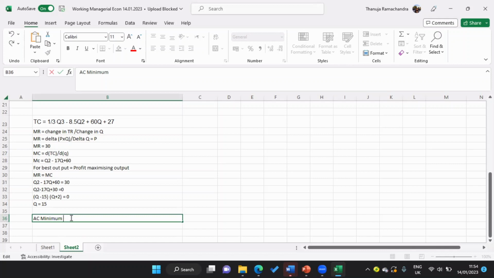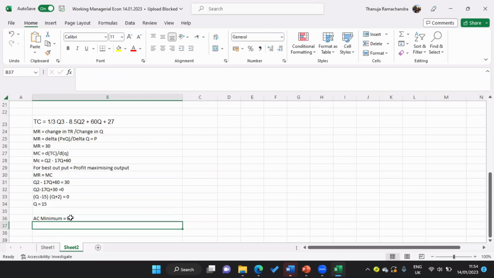You see that graph, the average cost is tangent, so the slope is 0. Total cost is given, so we can take DTC by DQ, the average cost.